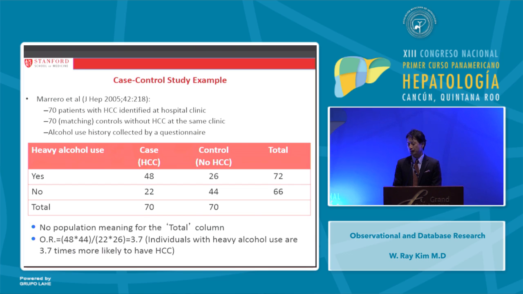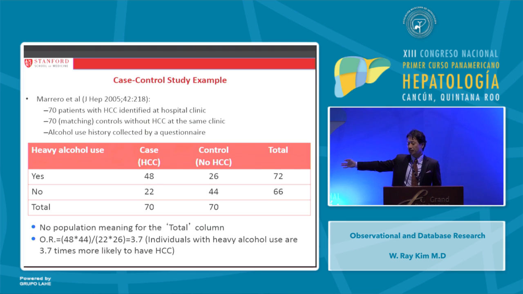this type of study. So an example for this is Jorge Marrero's study, who identified 70 people in their clinic with HCC, and in the same clinic, they identified 70 people without HCC. So these are cases and controls. And then they went back and asked about their alcohol use history. And this is a table that they came up with, 2 by 2.